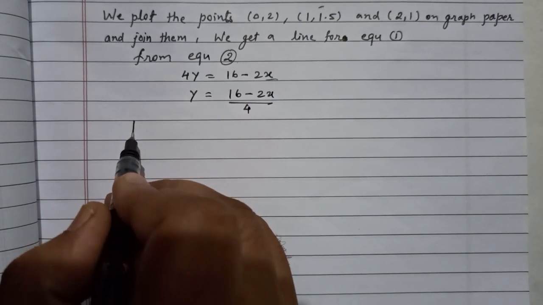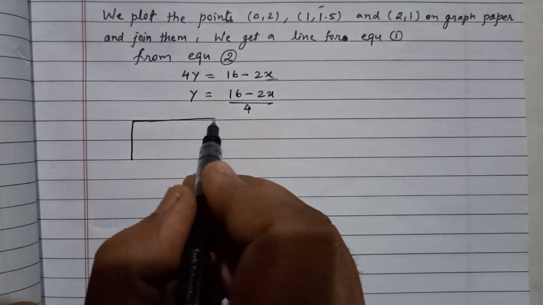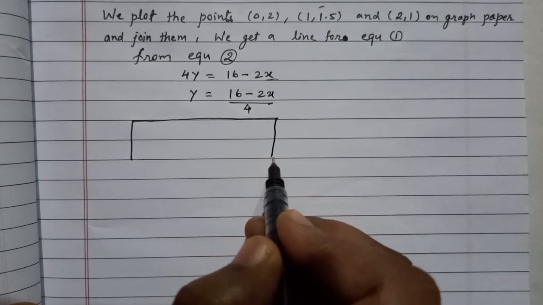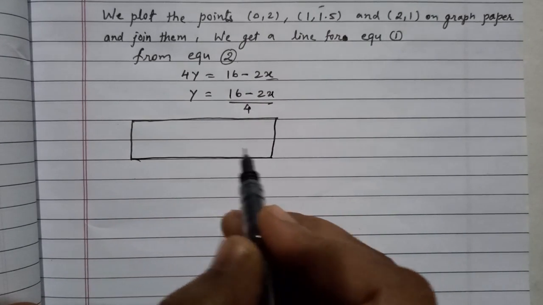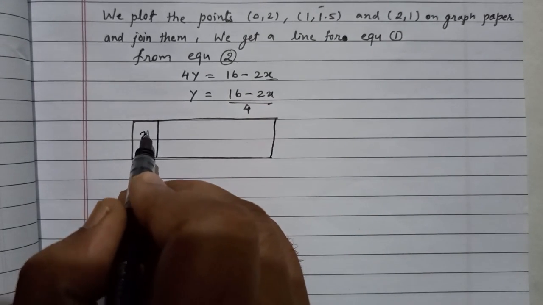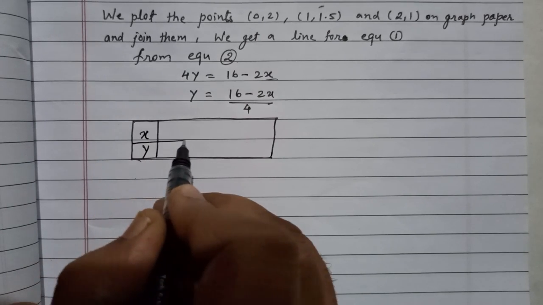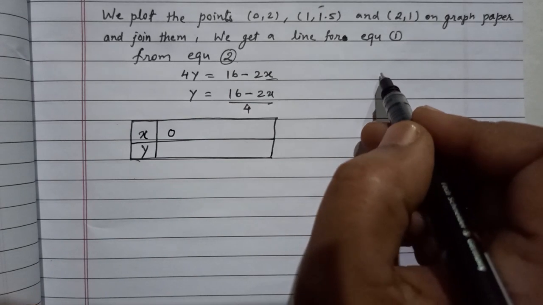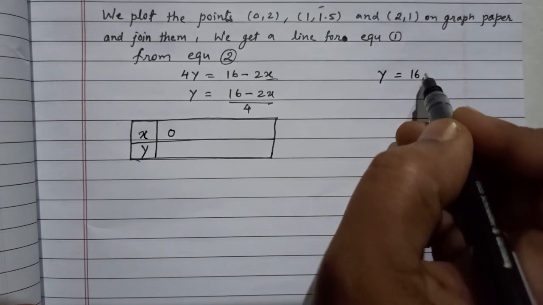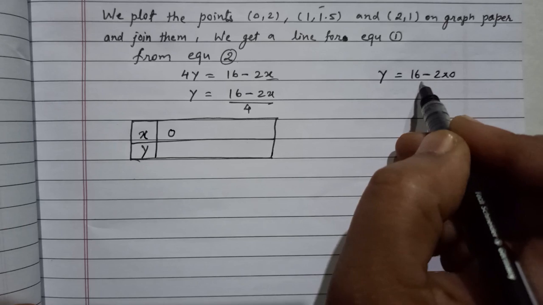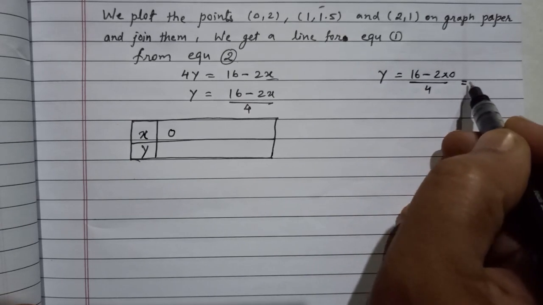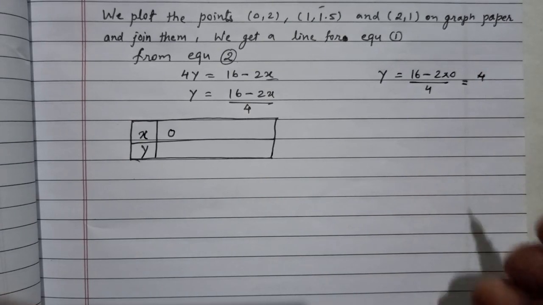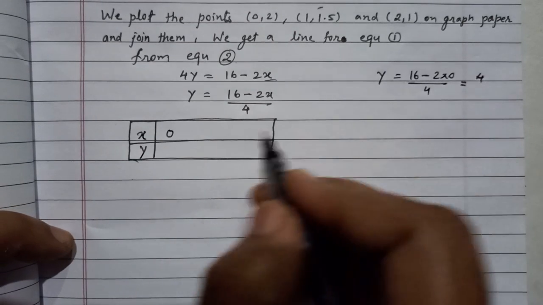Now, we find different value of y for different value of x and write in table. Suppose x is 0, then y is equal to 16 minus 2 into 0 upon 4. We get 16 upon 4 equal to 4.